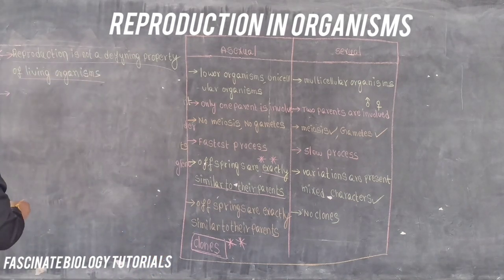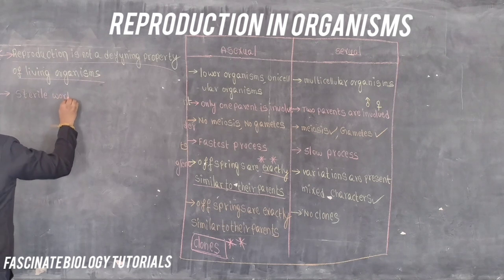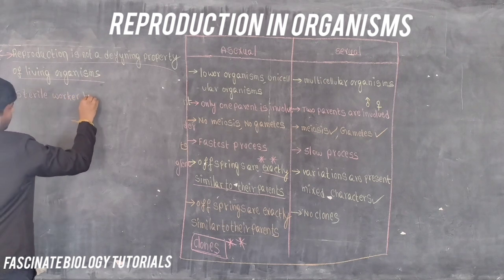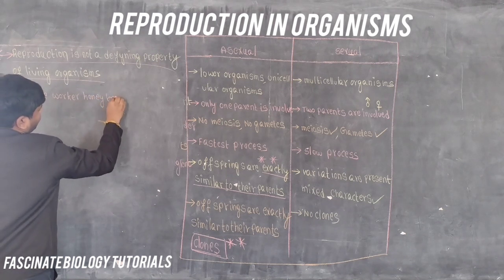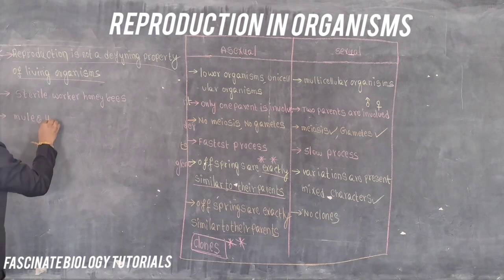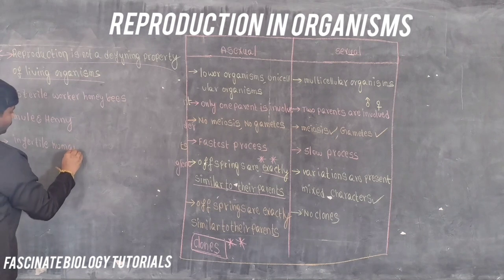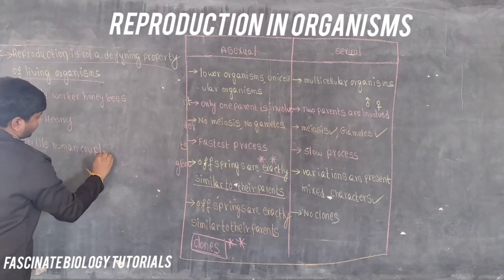For example, take some examples: sterile worker honeybees; next, mule and hinny; next, infertile human couples.